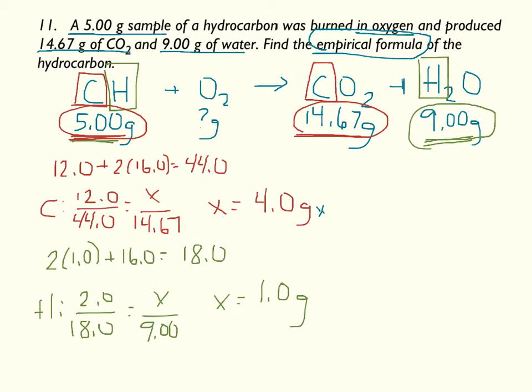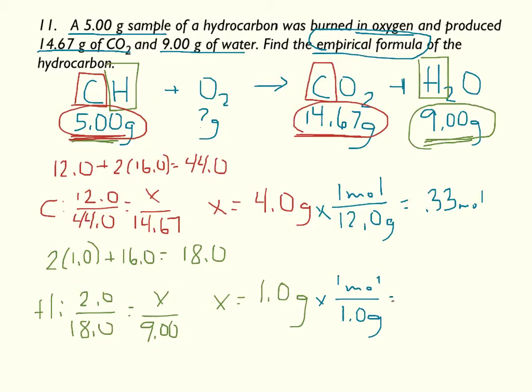So for the mole-to-mole ratio, carbon weighs 12.0 grams for 1 mole. And this gives me 0.33 moles. For hydrogen, hydrogen weighs 1 gram for every 1 mole, which gives me 1 mole.